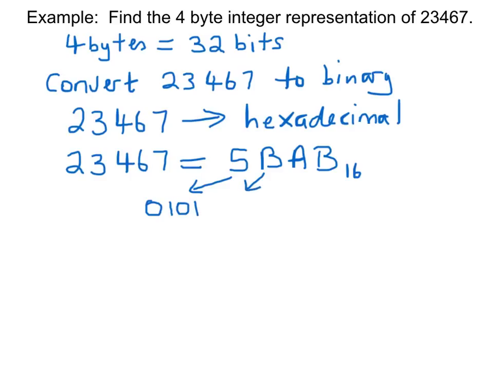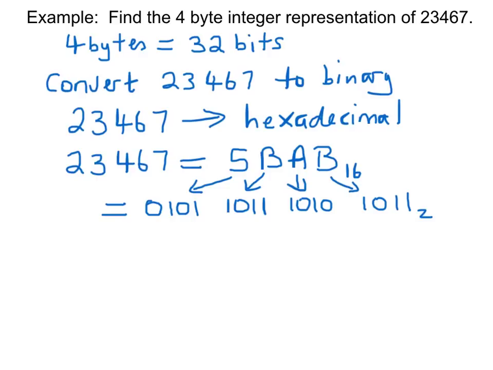The 4-digit binary representation of B is 1011, of A is 1010, and B again is 1011. So that's the answer for 23,467. This decimal number in binary is equal to this.